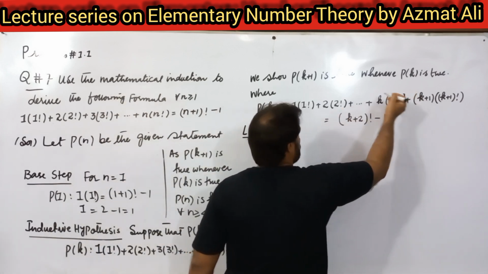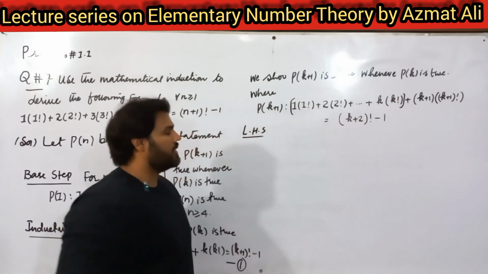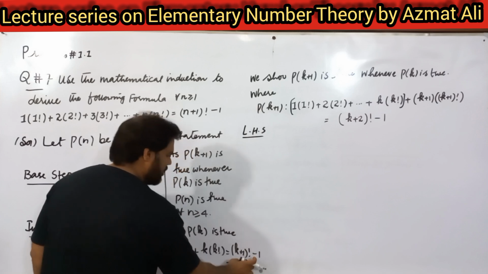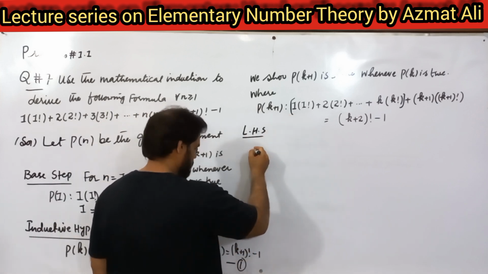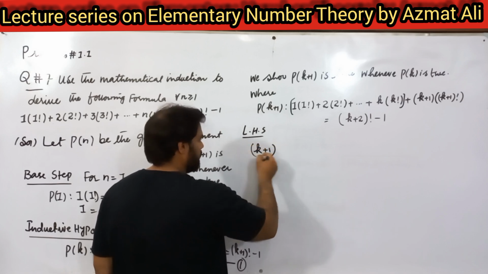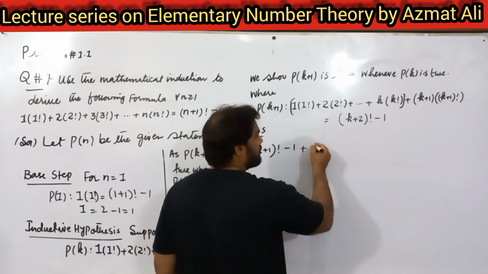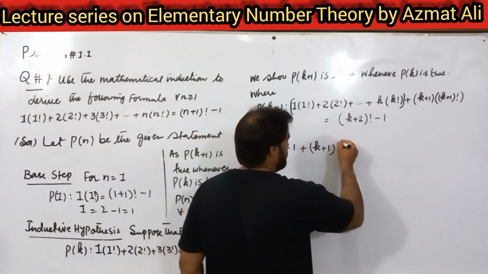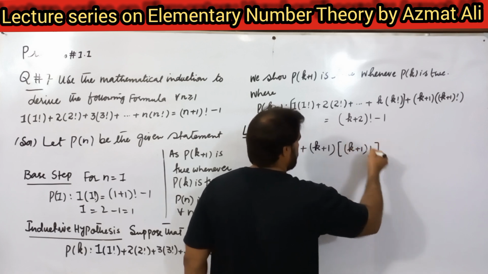I substitute these k terms, the sum of k terms, equal to (k plus 1) whole factorial minus 1. So the left side becomes (k plus 1) factorial minus 1 plus the last, (k plus 1)th term, which is (k plus 1) into (k plus 1) factorial.